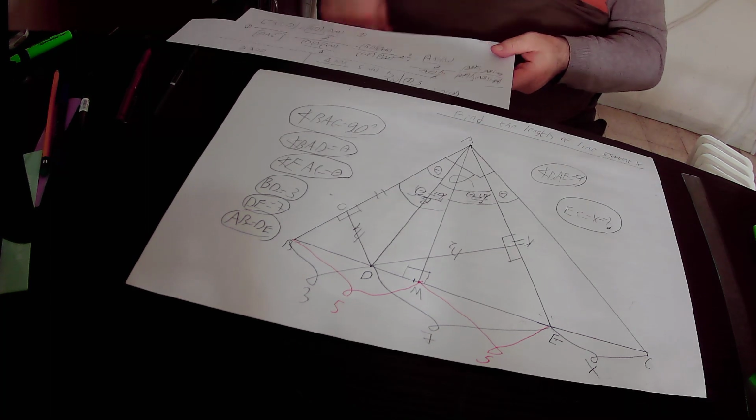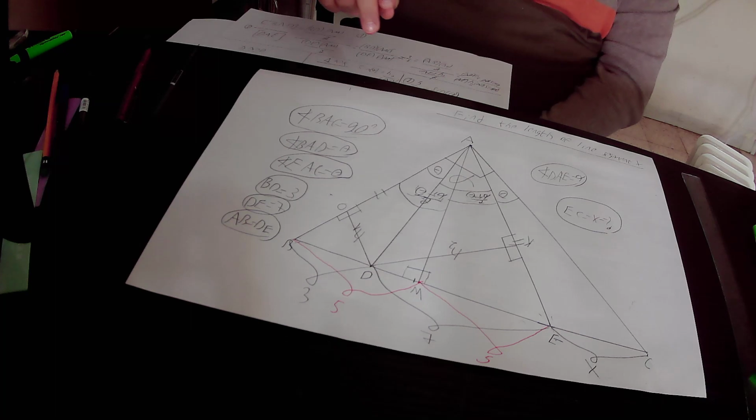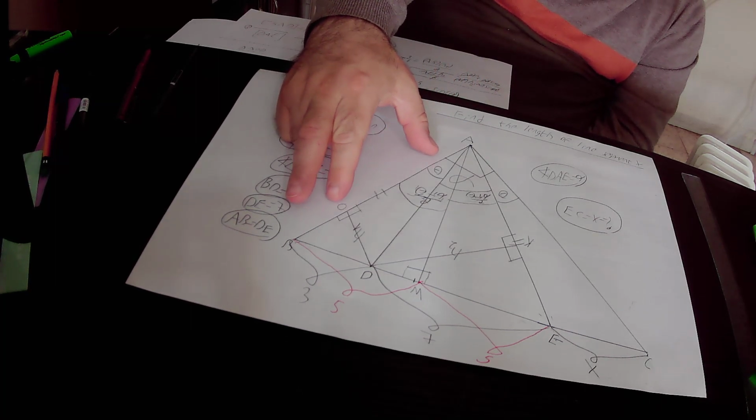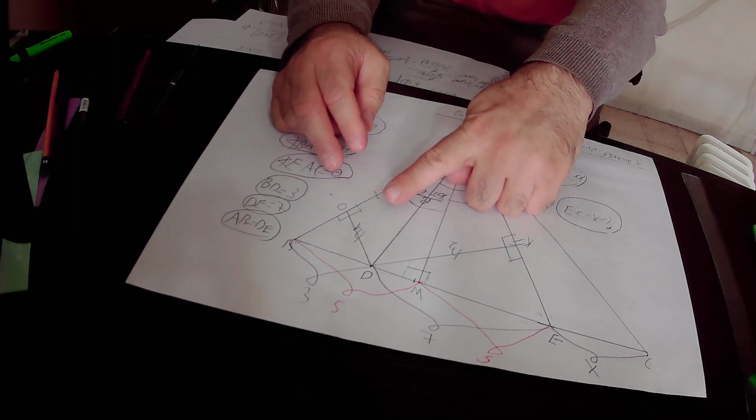Then we calculated the area of triangle ABD in another way. We take the base as AB. If the base is AB, then the height to the base must create 90 degrees with the base.